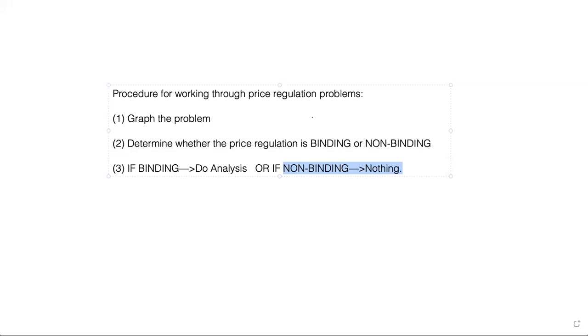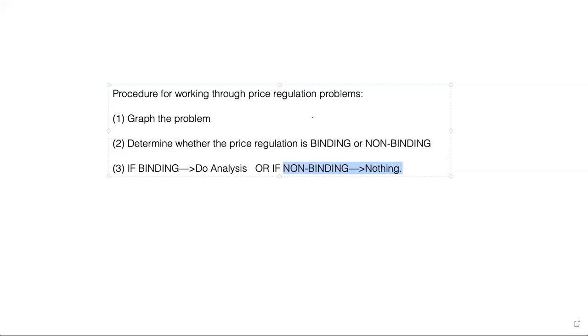A non-binding price regulation is one that does not affect the market. Remember there are two types of price regulations: price ceilings and price floors.